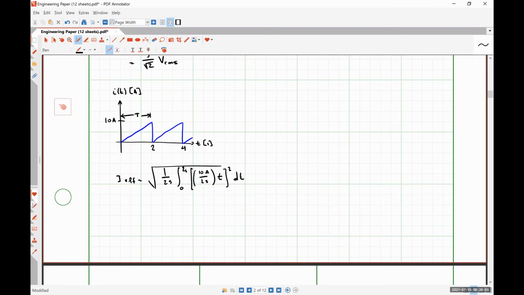So we would square this guy. There we go. So I have 1 over 2 seconds. I'm going to take that 5 amps per second squared outside of my integral. So that would be 25 amps squared per second squared, right? If I'm moving that constant term out.